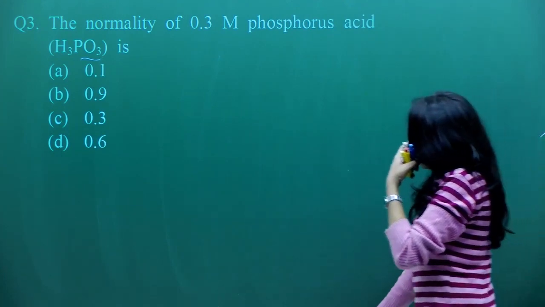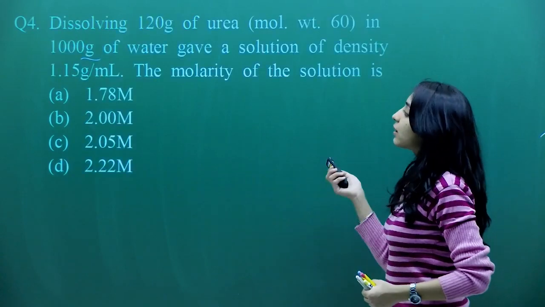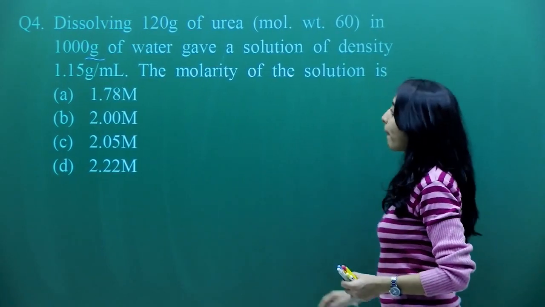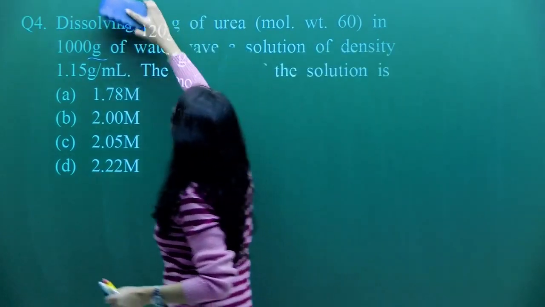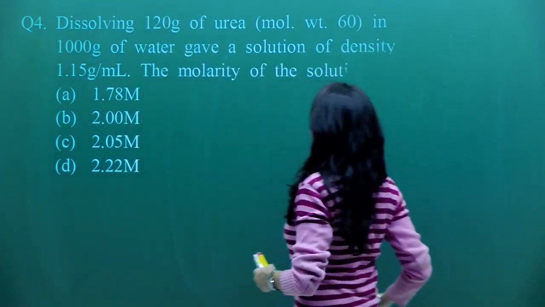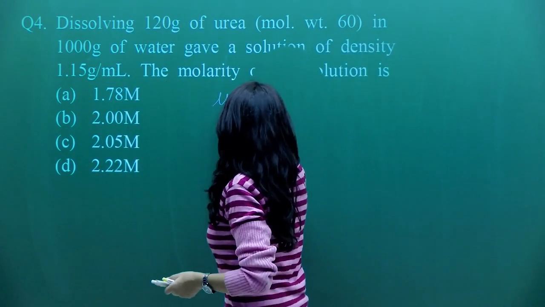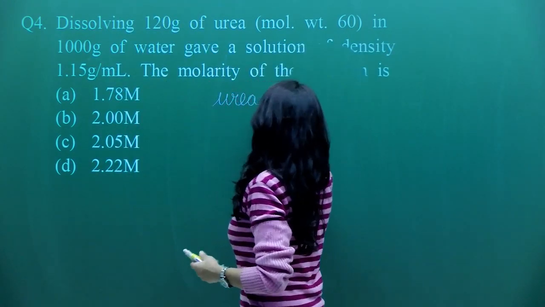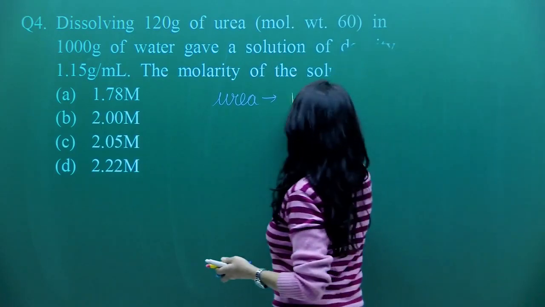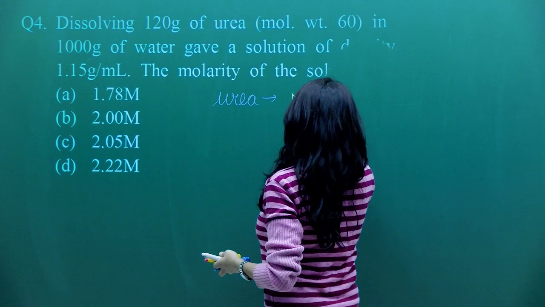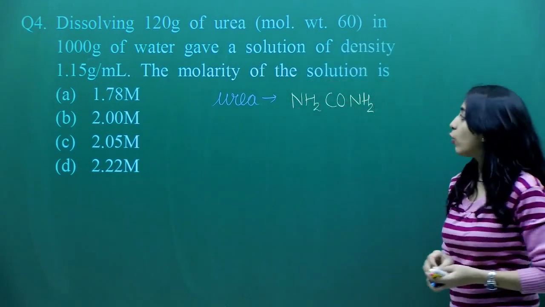Okay. So moving on to the next question for you people, which is question number 4. And the question is dissolving 120 grams of urea. So we have got urea. Guys, although it is not required for this question, the molecular formula of urea is NH2CONH2.